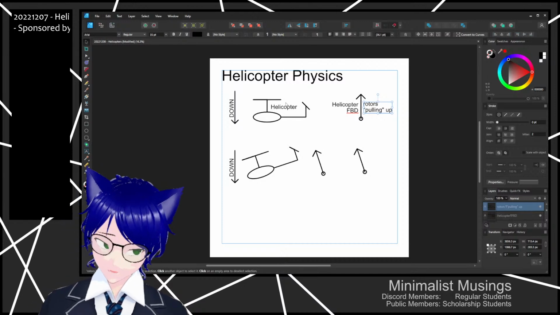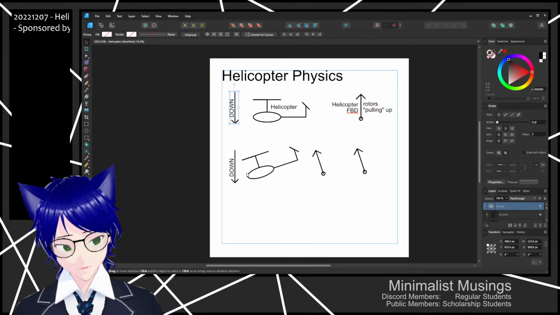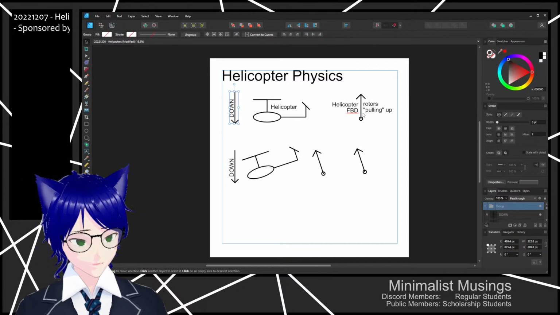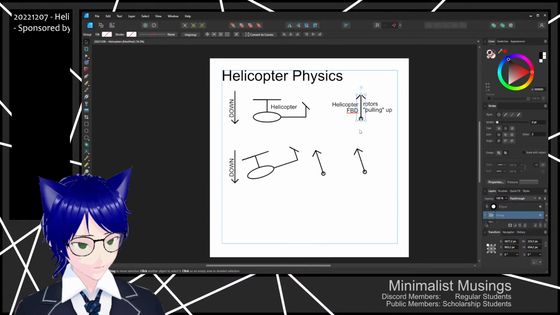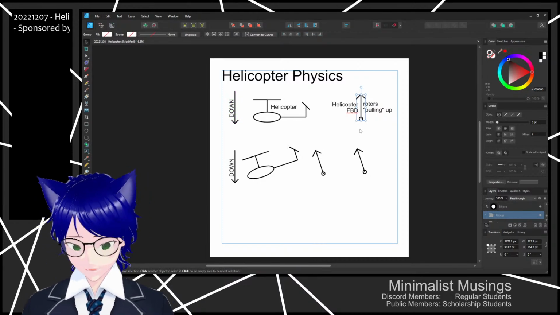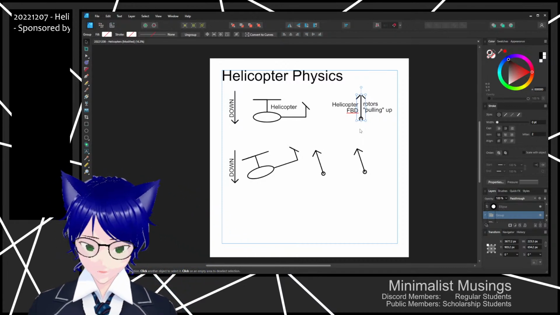And so that's why the arrow is pointing upwards, right? Whereas this arrow points downwards to signify that gravity is going on. So this arrow has to point upwards, and you can assume that there's another little arrow down here that's gravity, right? And so if those arrows are the same size, then obviously the helicopter is going nowhere.